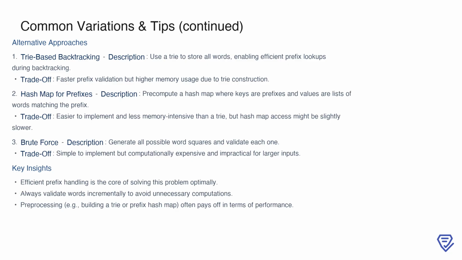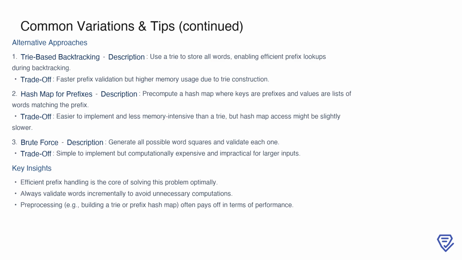Here, the keys are prefixes, and the values are lists of words matching those prefixes. While this method is easier to implement and uses less memory than a tree, hash map access might be slightly slower. Finally, there's the brute force approach, where you generate all possible word squares and validate each one. While simple to implement, this approach is computationally expensive and impractical for larger inputs.